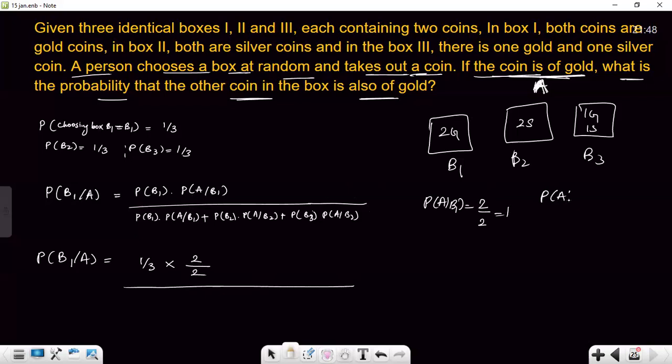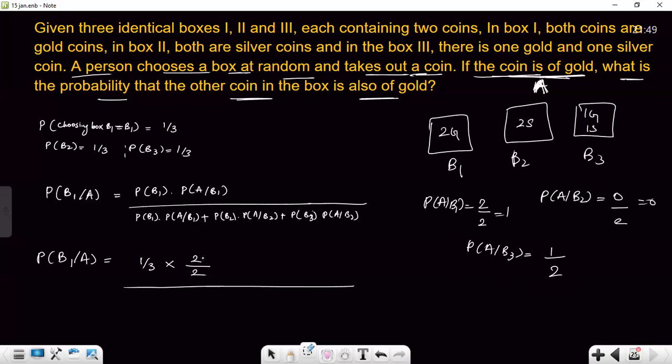Probability of a gold coin in box B2: favorable outcomes 0, total outcomes 2, so that becomes 0. Probability of a gold coin in box 3: 1 favorable outcome, total 2 possible outcomes, so it is 1 by 2.